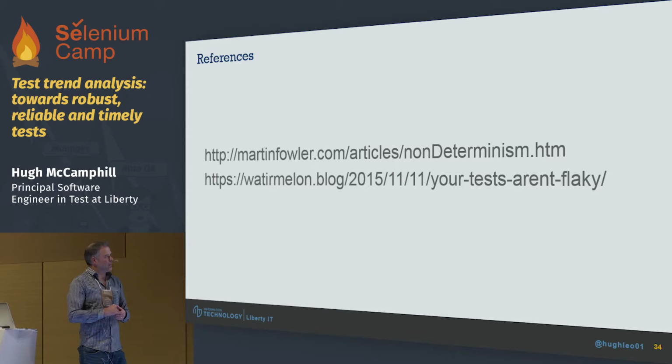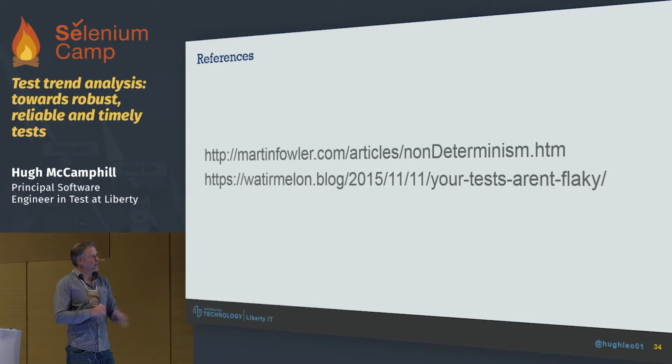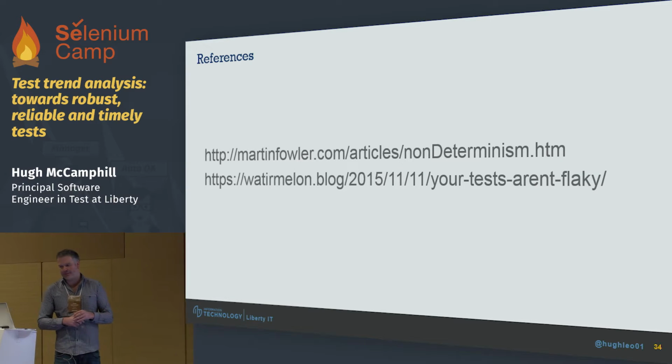The references that I mentioned earlier are from the first one, Martin Fowler's article on non-determinism, and then Alistair Scott wrote up a blog on his talk at GTAC. So both of those are there.